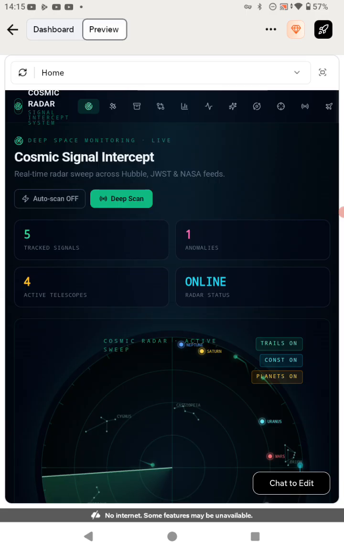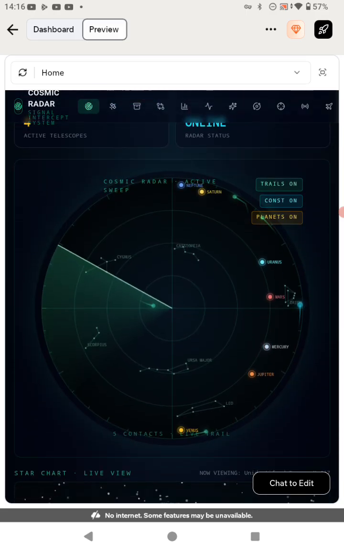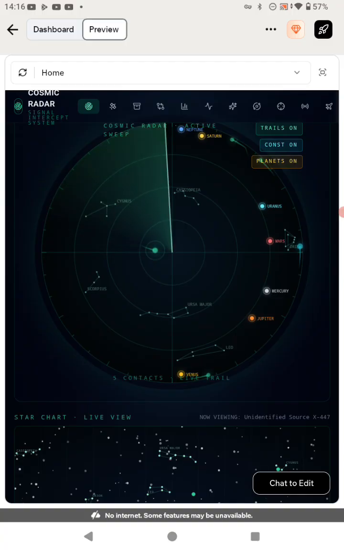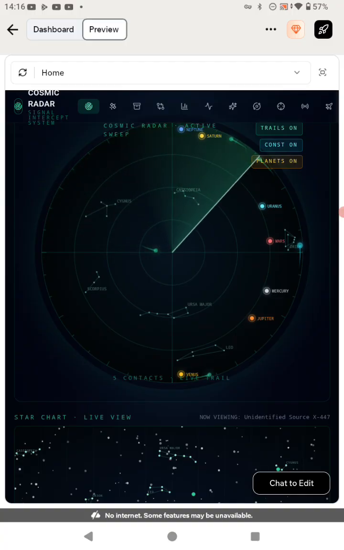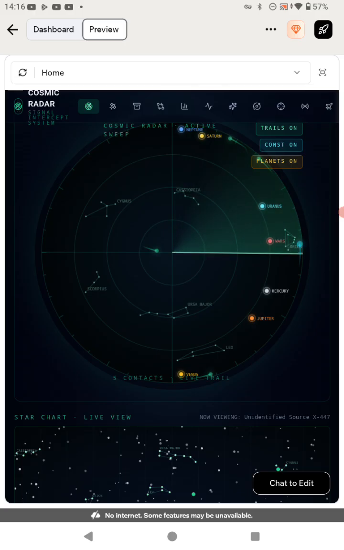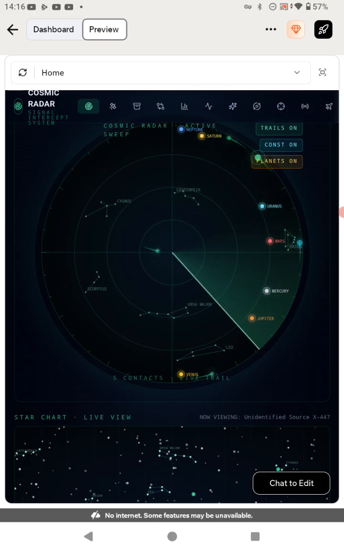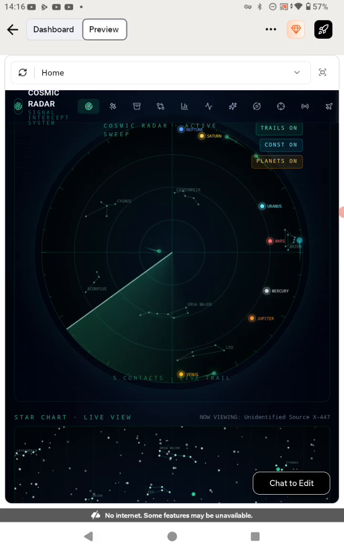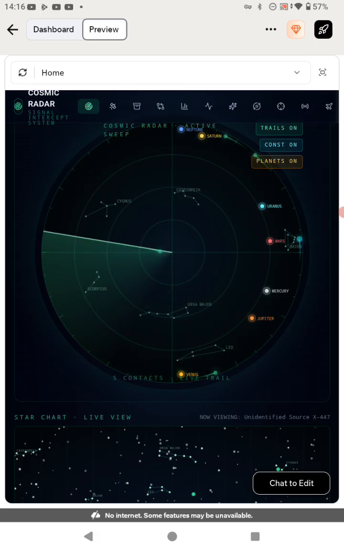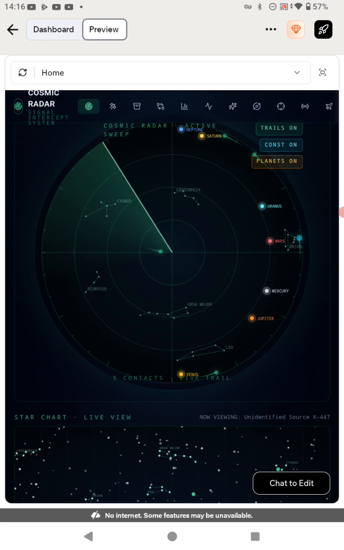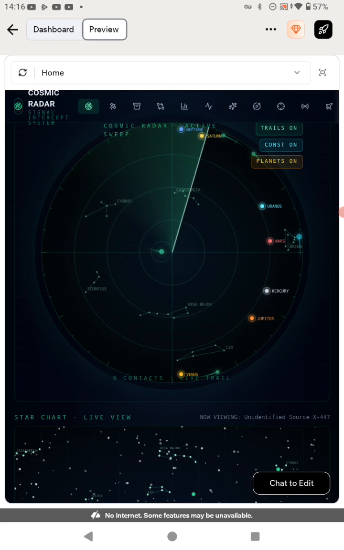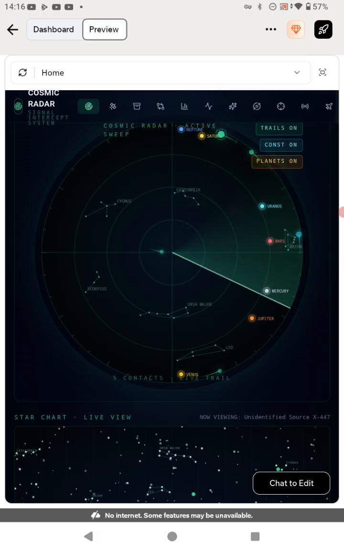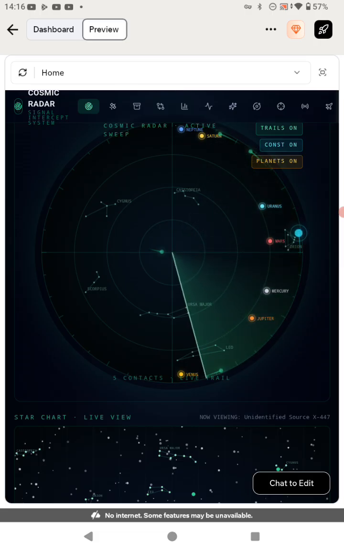So this one is just the general radar with the stars and constellations. I am going to add a feature on here for you to be able to put in your address, so you can see your own stuff at your destination. As you can see there, we've got the Big Dipper.